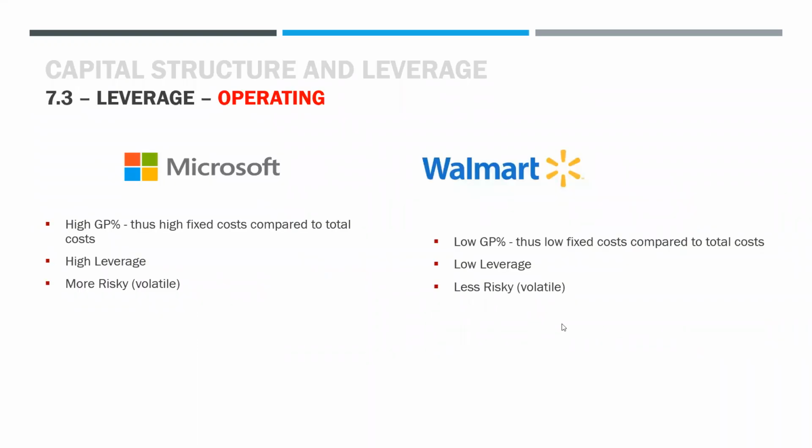So your Walmarts that have a low gross profit percentage are deemed less risky than the Microsofts because they are able to sell more products and make money that way. Microsoft has to focus more on quality than on quantity. And that is the difference between the low leverage and the high leverage companies.